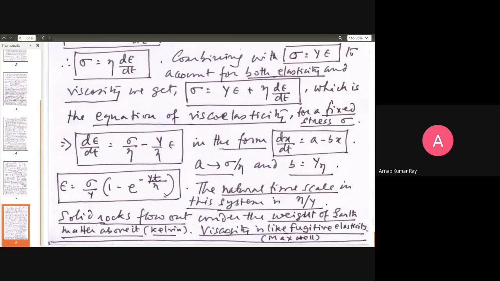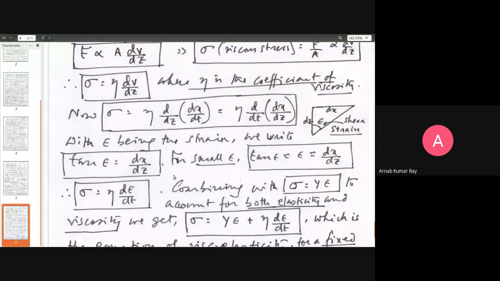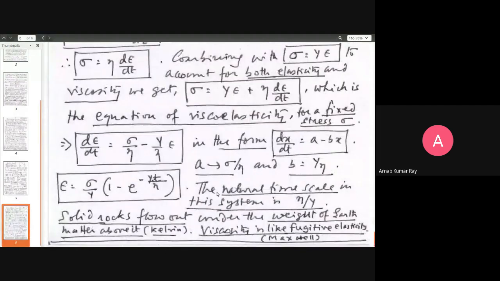So the natural time scale of this system is 1 upon b, meaning that you will see on a time scale of eta by y, in the early stages, you will see the liquid flowing out, and this deformation will be more prominent, and the liquid will flow out. And then after that, it will saturate to a limiting value of sigma by y.